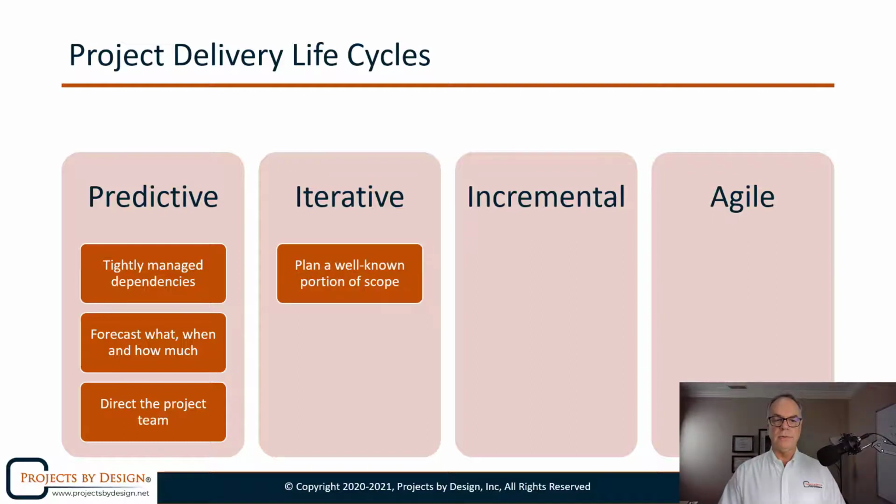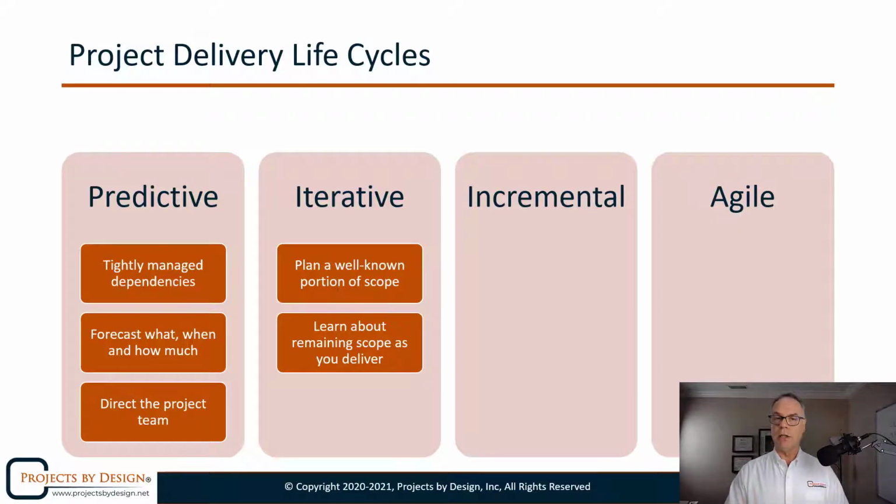With iterative, we don't know all of what we're going to deliver. However, we know enough about our scope to say within this scope, we're going to take a plan-driven or predictive approach. Not all scope, but a portion of it. We also are then going to learn about scope as we deliver. Remember I said learning is a primary function that has to occur within the adaptive approach.